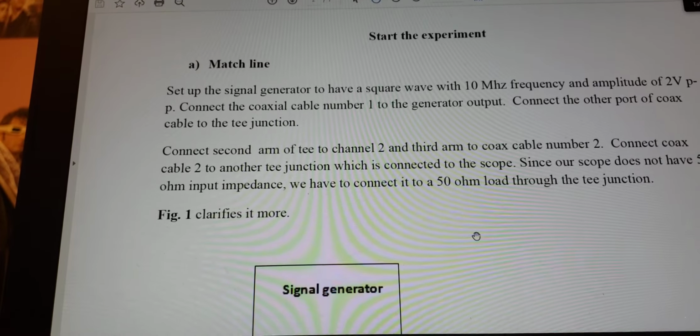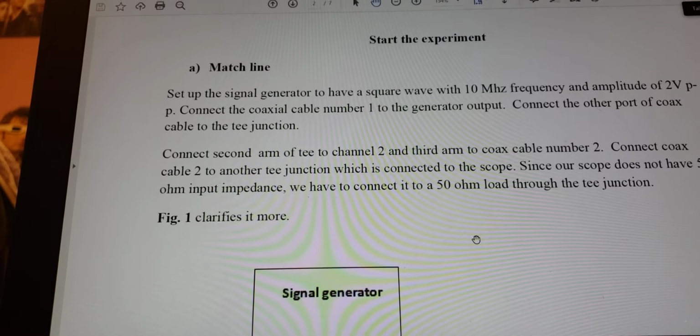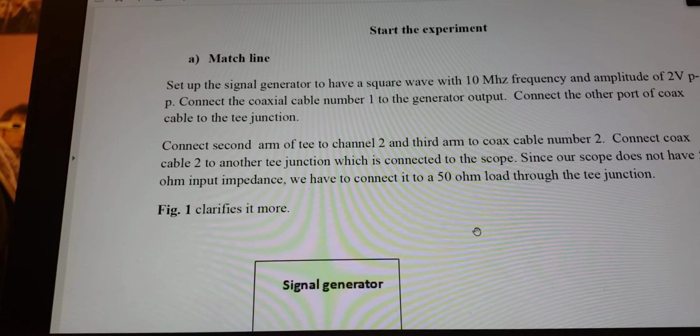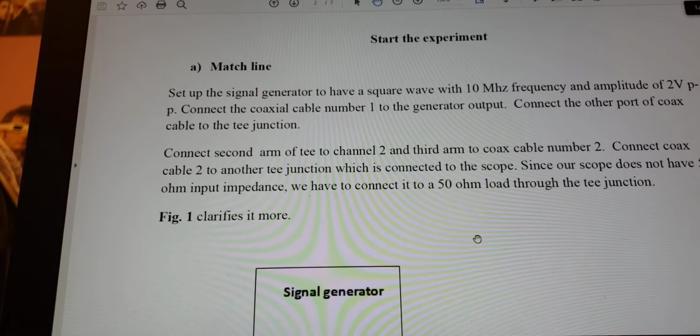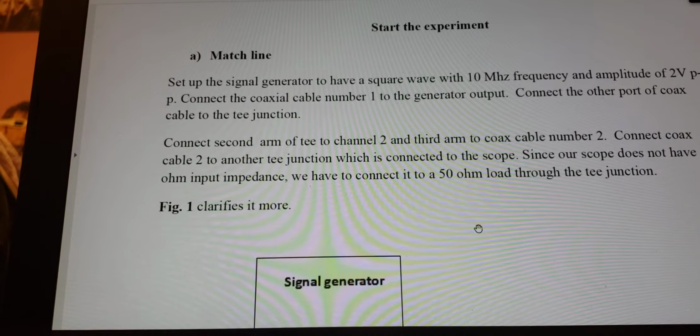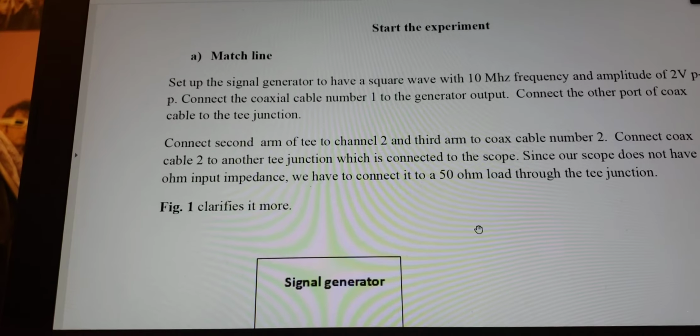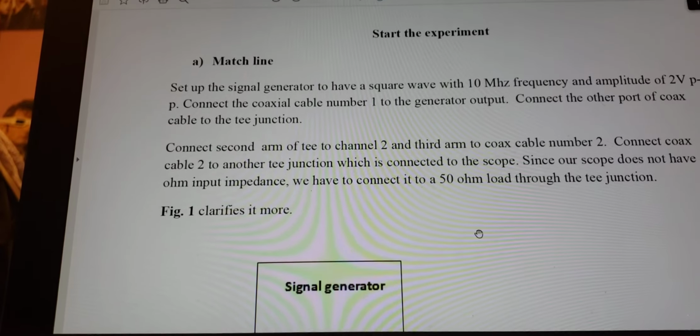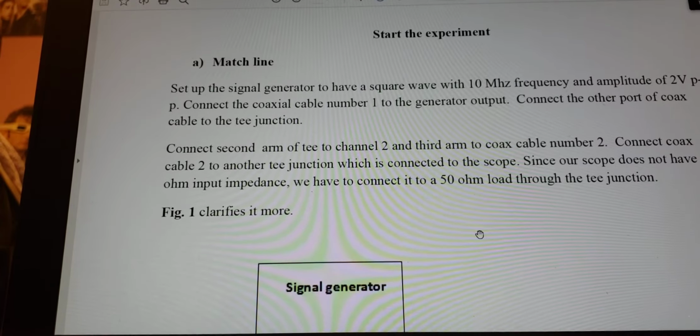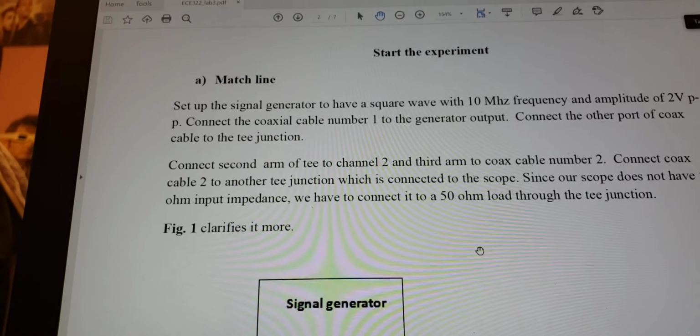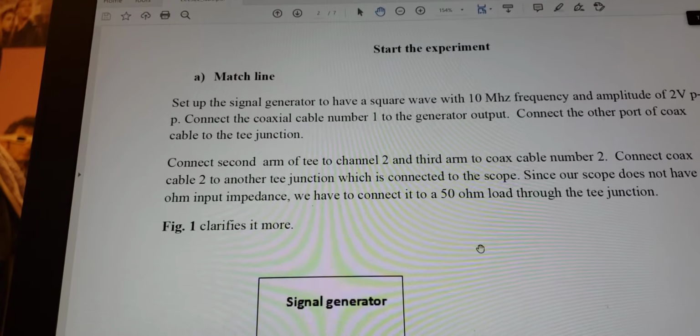So it is very important for us to terminate the far end of the transmission line by its characteristic impedance, to avoid any reflection back to the transmitter or function generator.